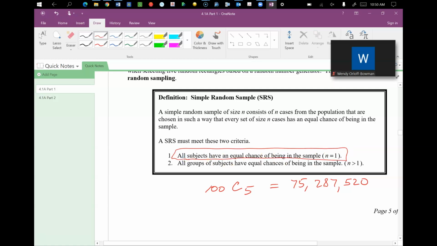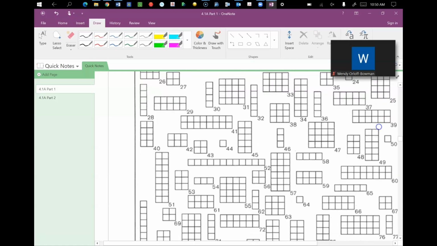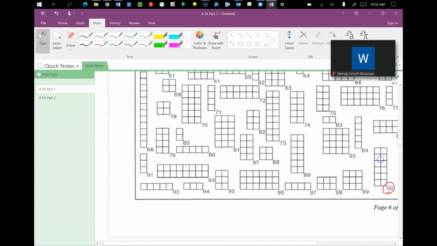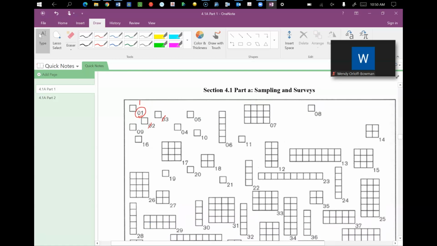One way that you can create a situation where that doesn't happen is, for example, if you numbered the rectangles not 0, 1, but 1, 2, 3, and so on with single-digit numbers, and then you had a bunch of double-digit numbers, and then your 100 was a 3-digit number. Well, single-digit numbers have a 1 out of 10 chance of being selected. Double-digit numbers, a 1 out of 100 chance of being selected, and triple-digit numbers, a 1 out of 1,000 chance of being selected.